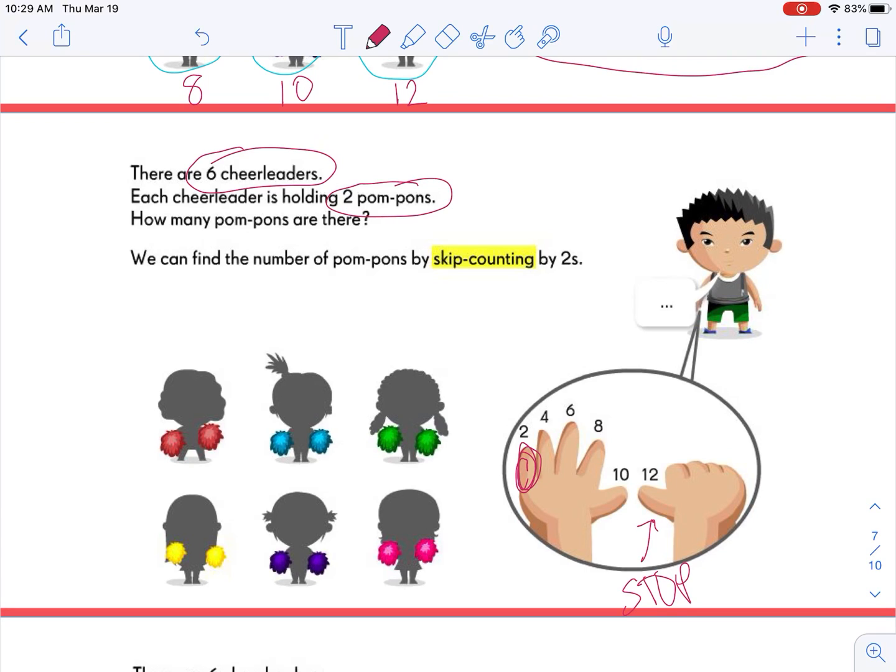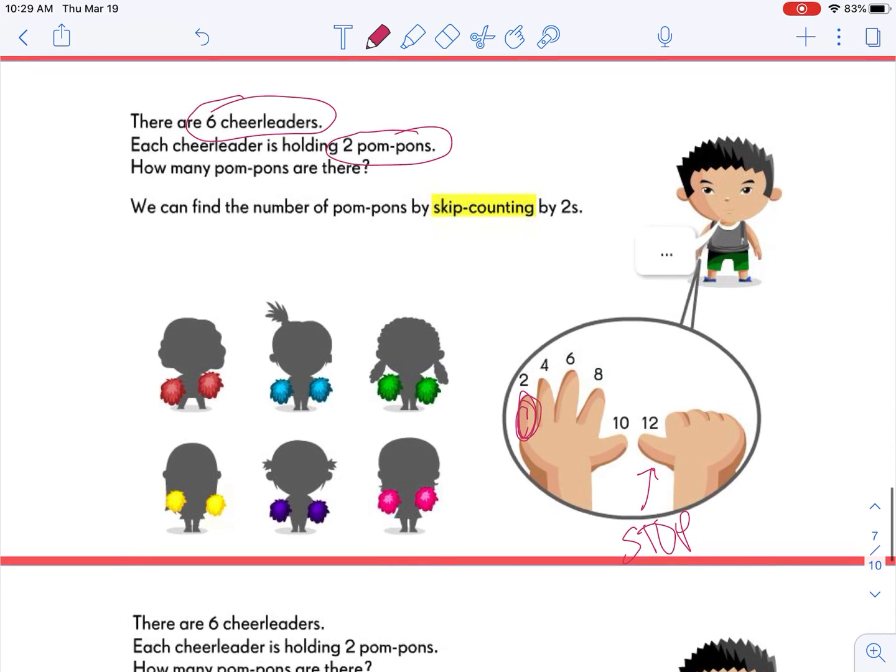Okay, go ahead and let's skip count together by putting your fingers up. Both your hands should be in 2 fists right now. We're going to start with our left pinky finger. Ready, set, go. 2, 4, 6, 8, 10, 12. Okay. I stopped at 12, not because I knew the answer was 12, but because I put up my 6th finger.